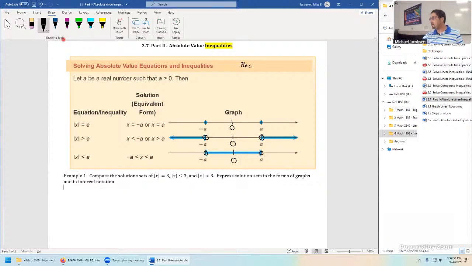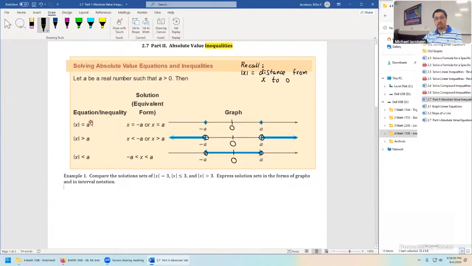Recall, absolute value of x equals the distance from x to 0 on the number line. So this is the really big explanation of why these three solution sets look so radically different out of nowhere.